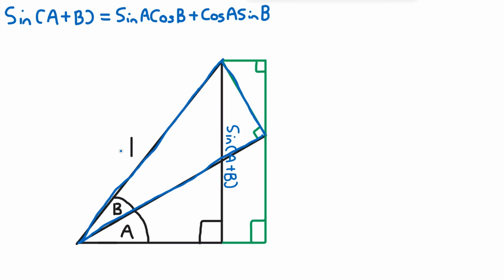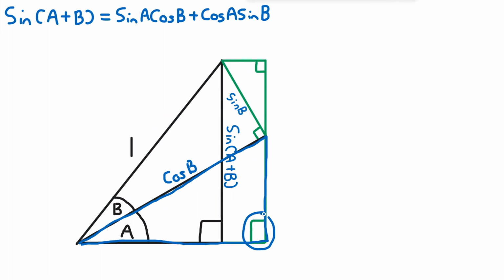So therefore we can use SOHCAHTOA because it's a right angle triangle, with this being the opposite, this being the hypotenuse, and this being the adjacent here. And if you do the trigonometry and figure it out, you will find that this is cos B and this is sin B.